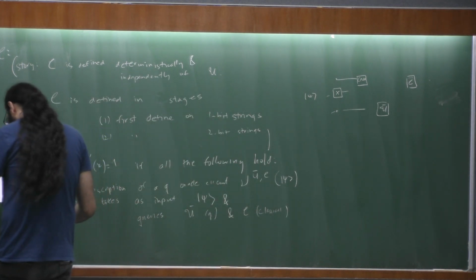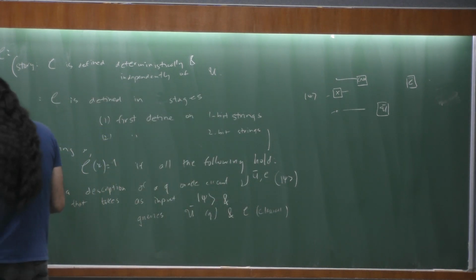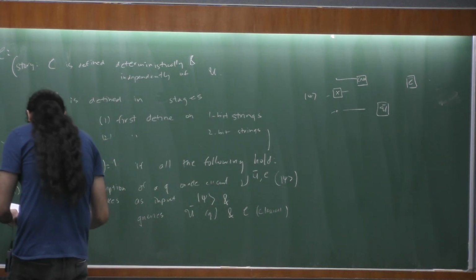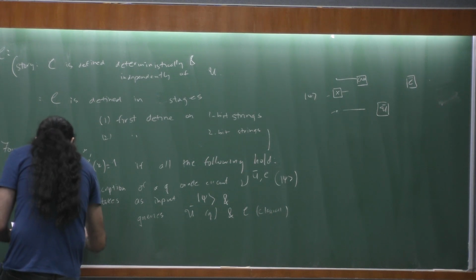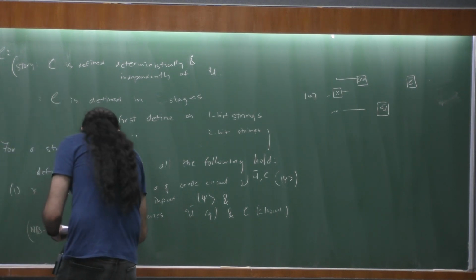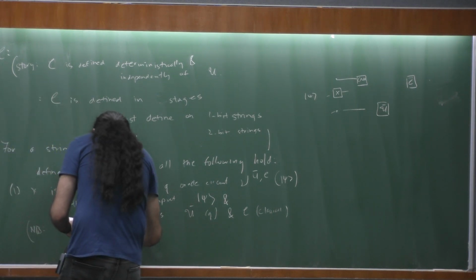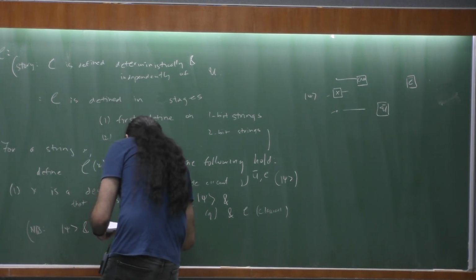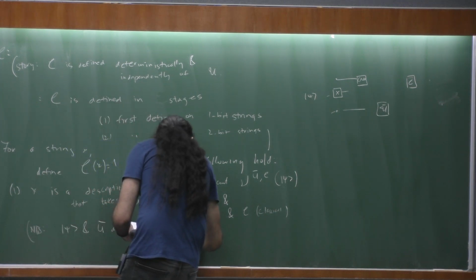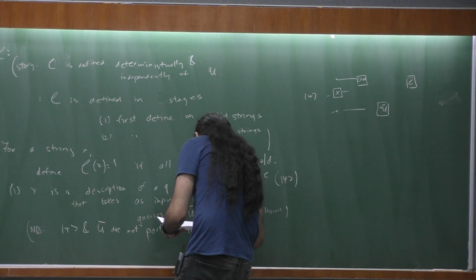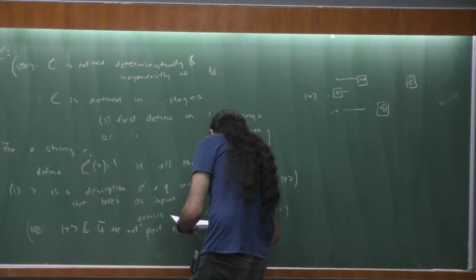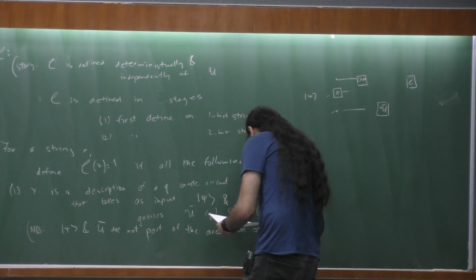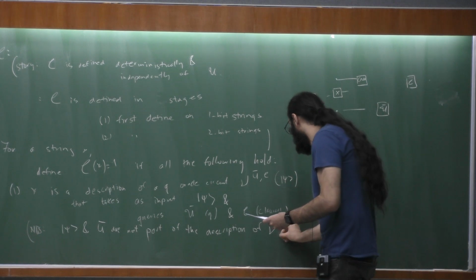So let me write this down. Note that psi and U bar, it will become clear in a moment, are not part of the description of V, the circuit V. They are just inputs.